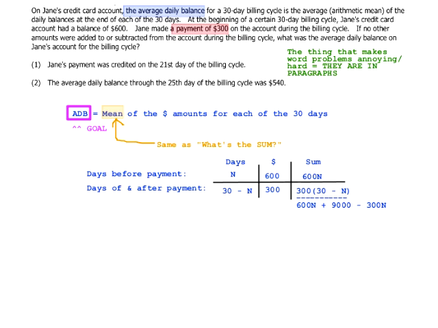So finding the sum is the same as finding the ADB, which is the same as just finding n. So if I know this, I know n. Because if you have n, you can just plug it in and find that.